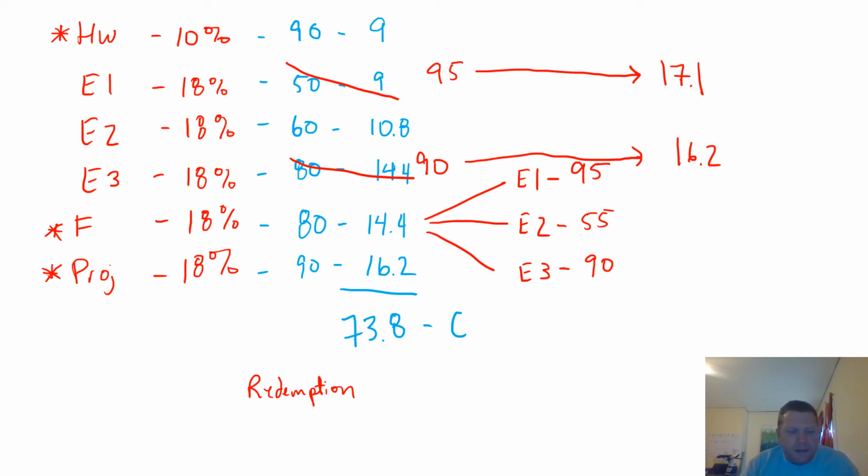So let's go ahead and add that up. 9 plus 17.1 plus 16.2 plus 10.8 plus 14.4 plus 16.2. So when you look at all of those numbers, now all of a sudden your grade has gone from a 73.8 to an 83.7.